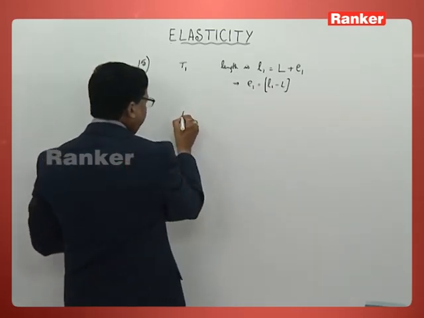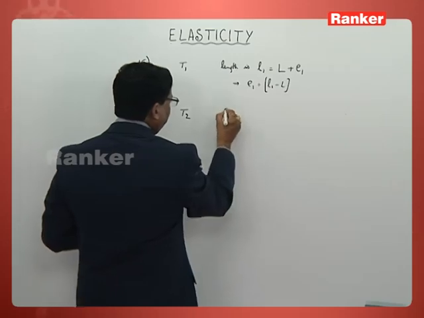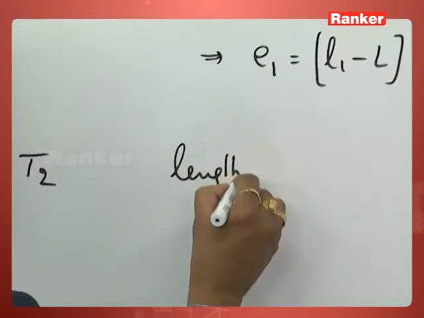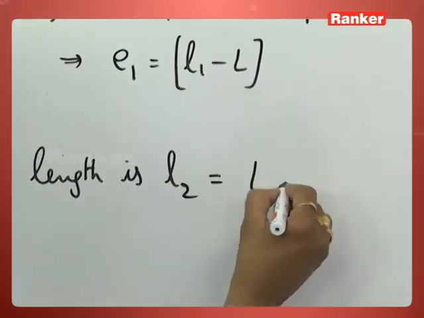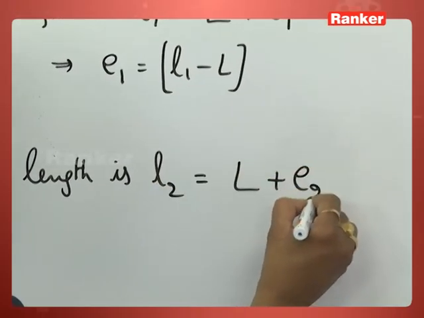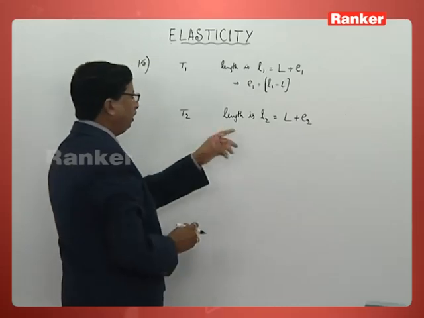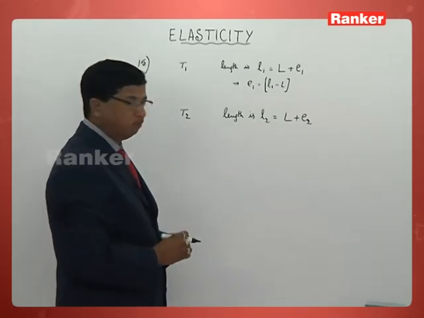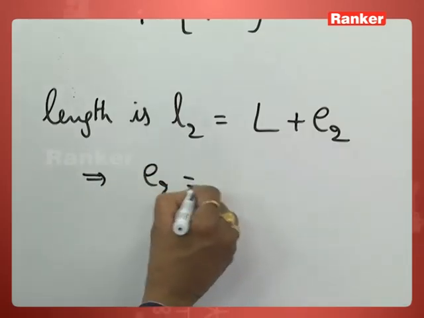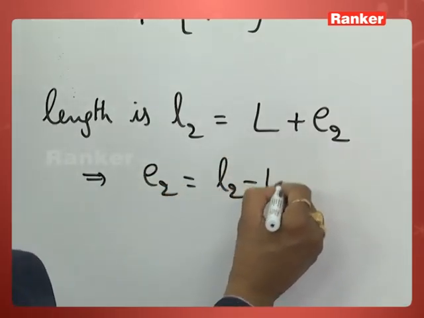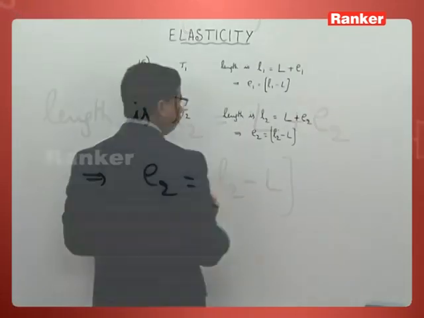And when the tension is T2, the length is L2. This L2 is again the original length plus the elongation when the tension is T2. So this elongation E2 can be written as L2 minus capital L.